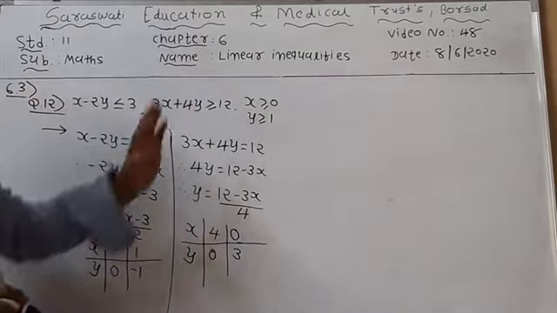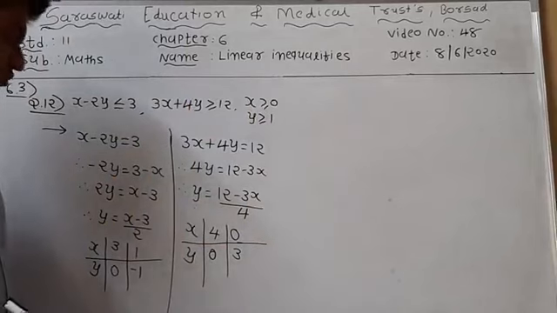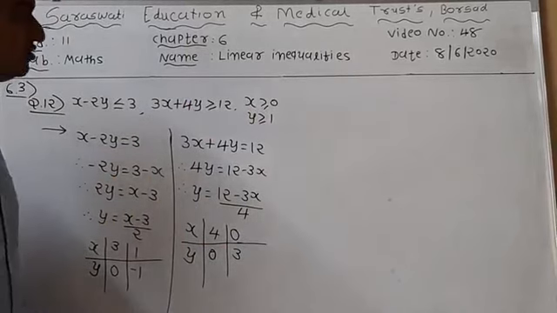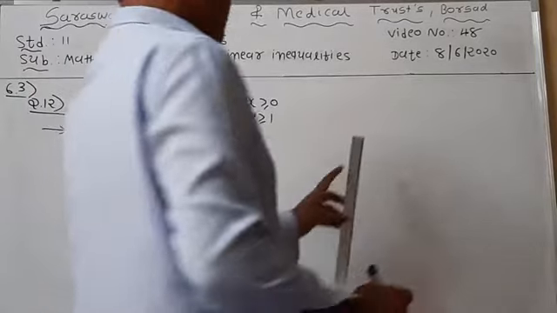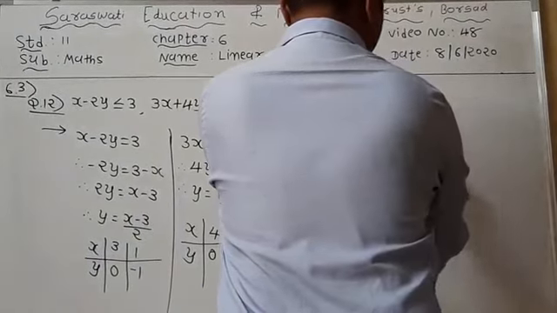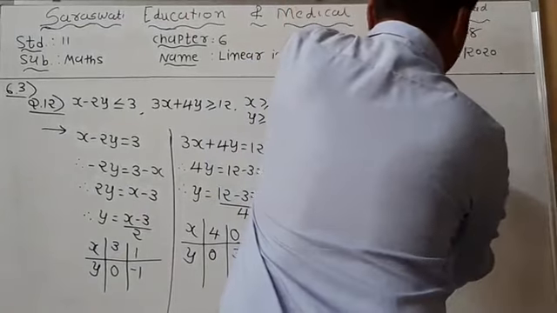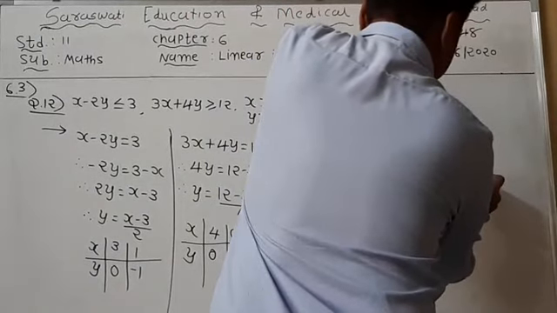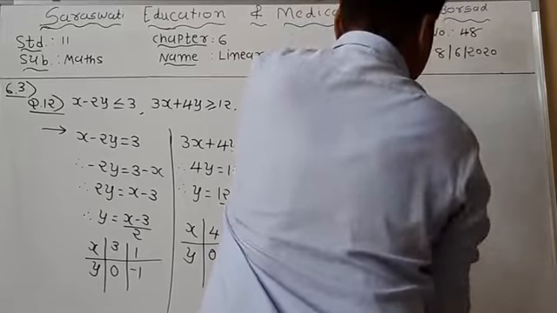Now the values x greater than equal to 0 and y greater than equal to 1 are already present in direct form. Now using these 4 results, draw the lines, representing graphically.